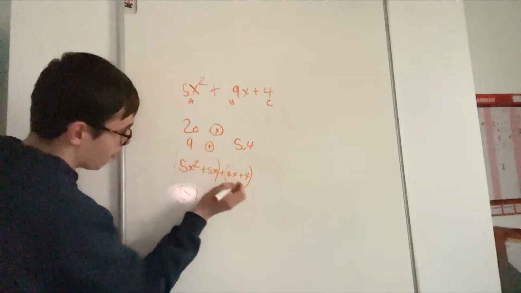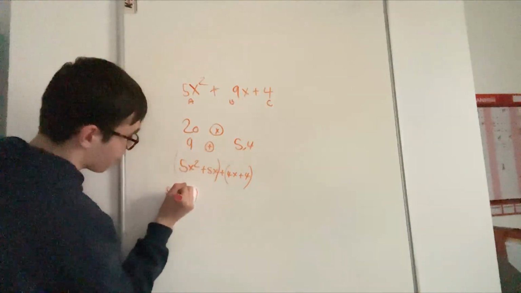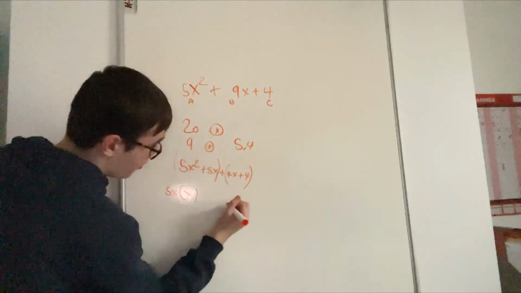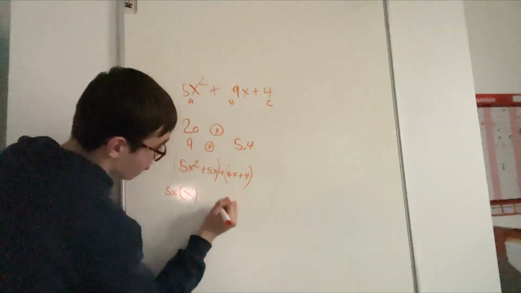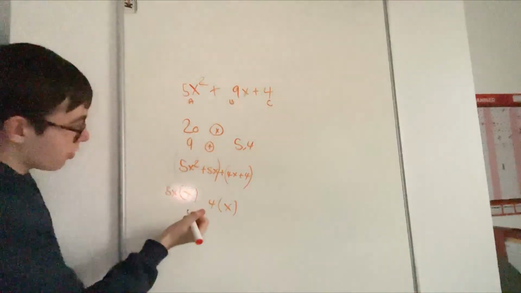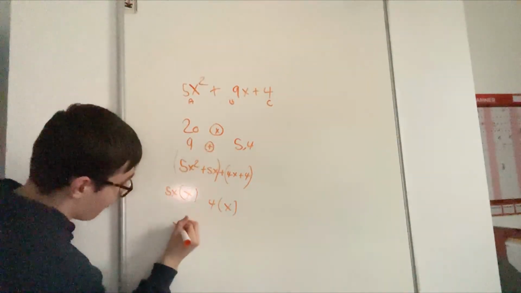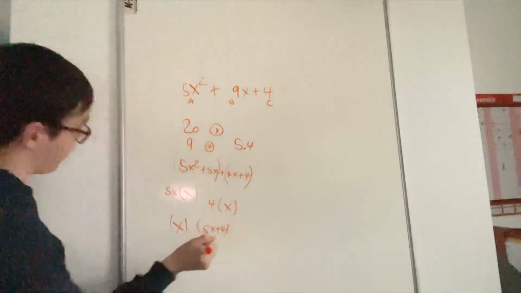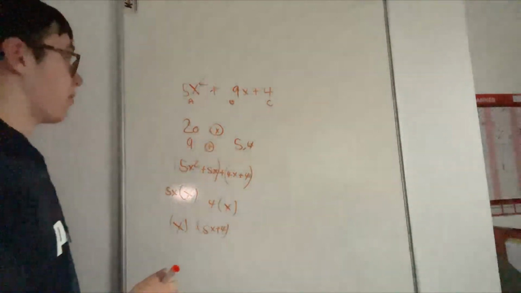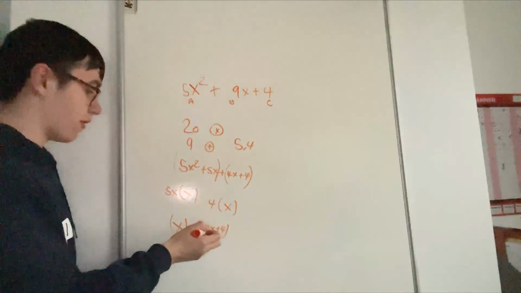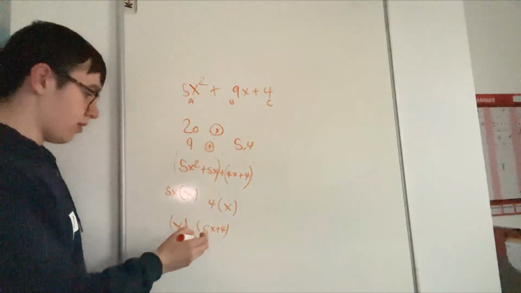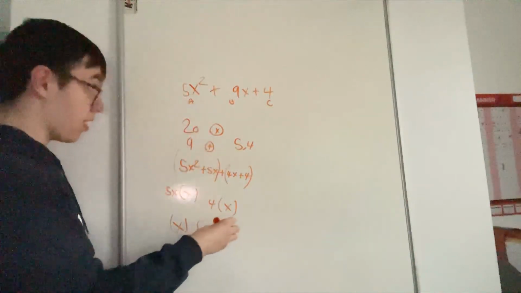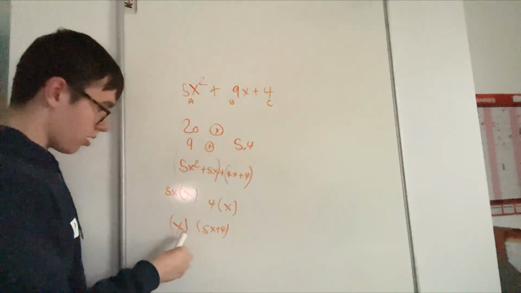Because what you'd have on the outside there would be 5x. And on the outside of this one, it would also be x, and that would just be 4. So in conclusion, your two brackets are x and 5x plus 4. That's the answer, because x times 5x will be 5x squared. 4 times that would be 4x.